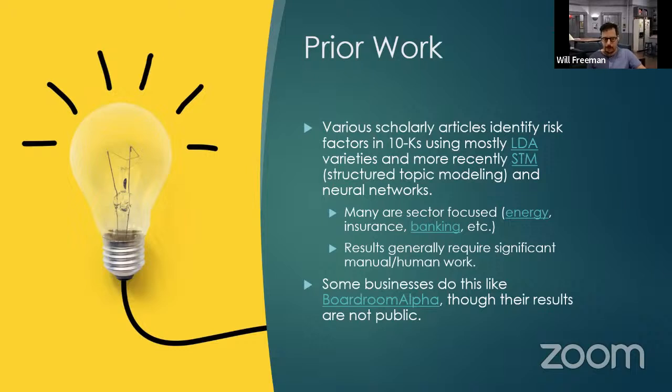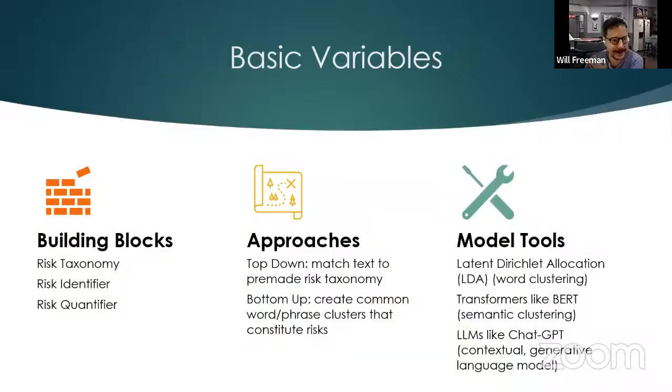A lot of them are sector focused because topics are different between banking or energy companies or oil companies; they don't have the same topics. There are also businesses that provide this sort of analysis that use AI, but you know how it is. They say AI a million times and don't actually explain what they do, and don't give access. So some companies seem to do a decent job, but I'm not going to pay the subscription fees to figure out if they're right or not.